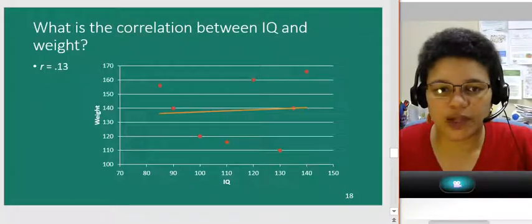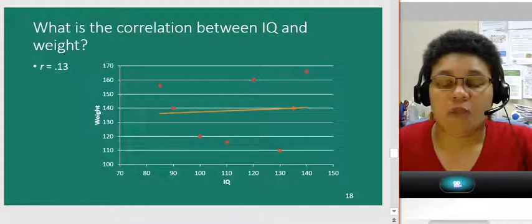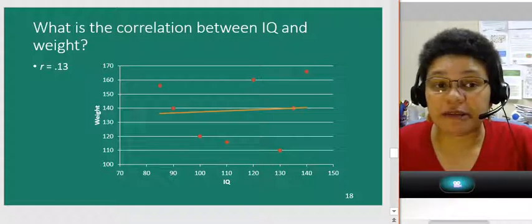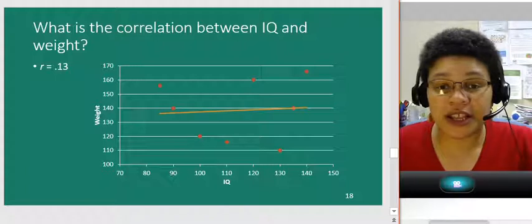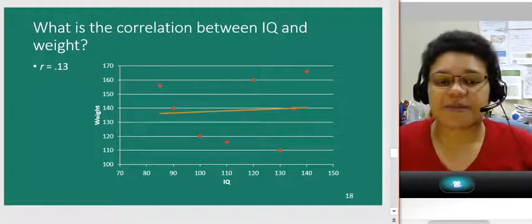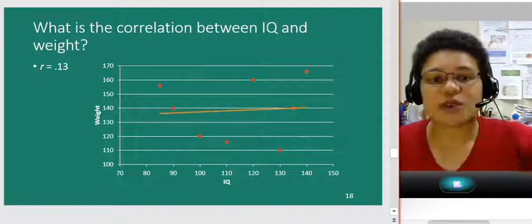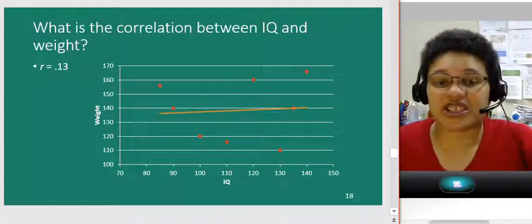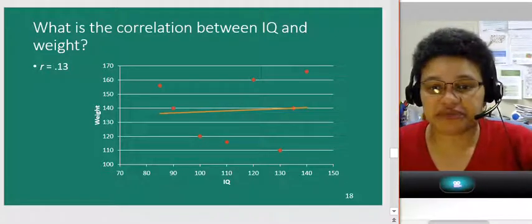It's close to positive 1. But the correlation between IQ and weight, if r equals 0.13 and that line is kind of flat, see how that line is kind of flat? That flat line happens when there isn't really a relationship one way or the other.